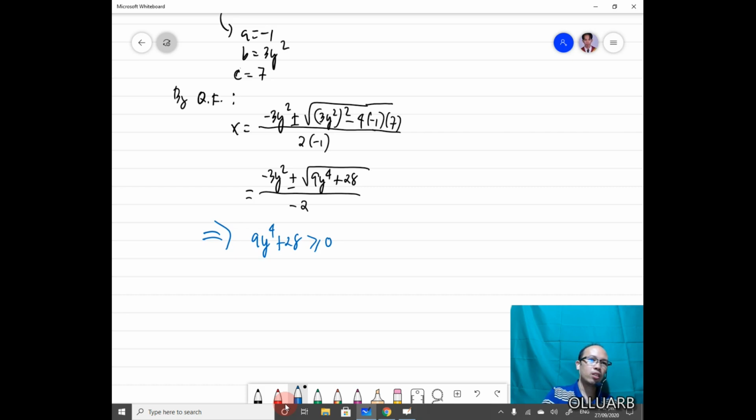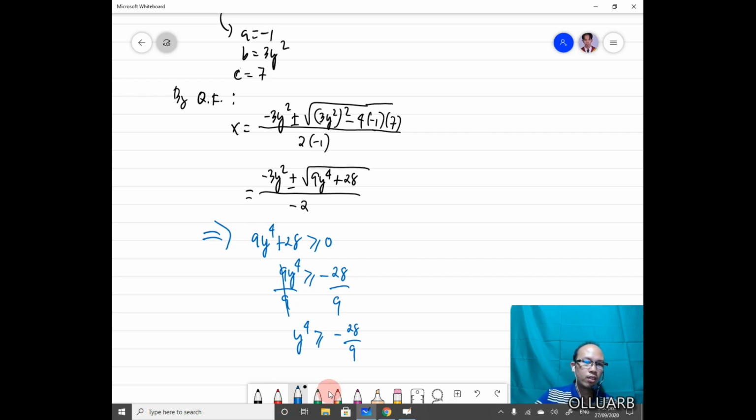Solve for y. So 9y to the 4 is greater than or equal to negative 28. Divide both sides by 9. So y to the 4 must be greater than or equal to negative 28 over 9.